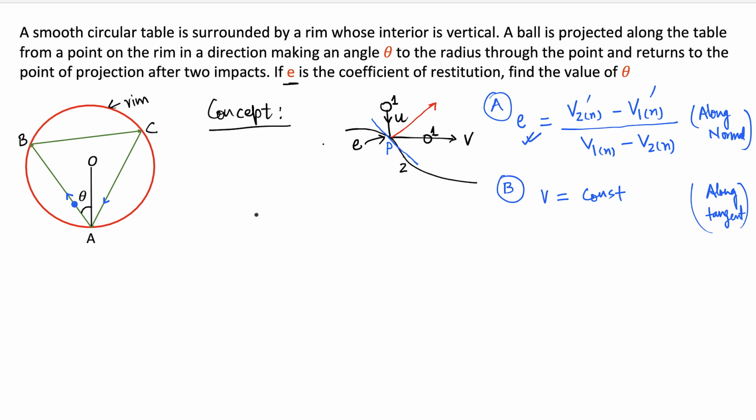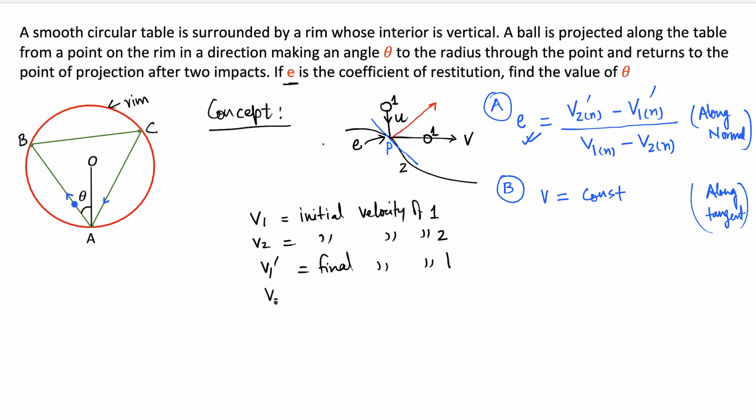So here v1 is the initial velocity of 1, v2 is the initial velocity of 2, v1 prime is the final velocity of 1, and v2 prime is the final velocity of 2.